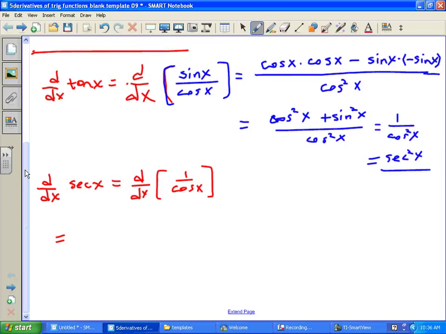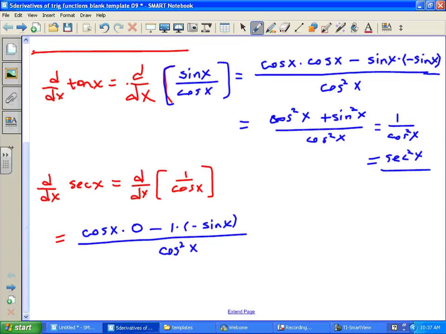We want the lower term first, times the derivative of the top, which will be 0, right? Minus the higher term, which is 1, times the derivative of the lower, which we just learned is negative sine x. Everything divided by the bottom squared, which is indeed cosine squared of x.